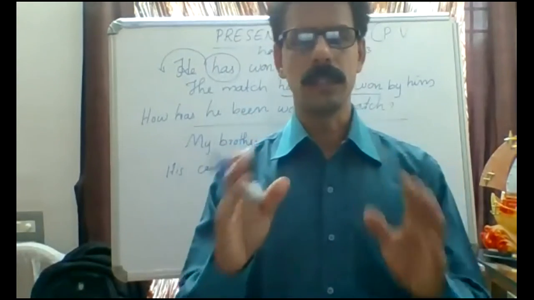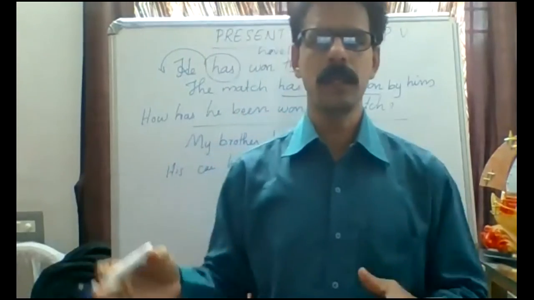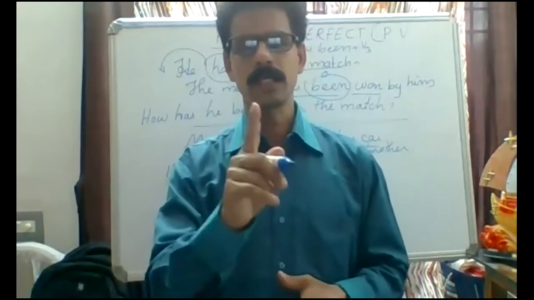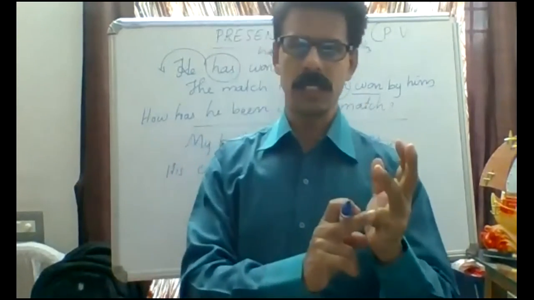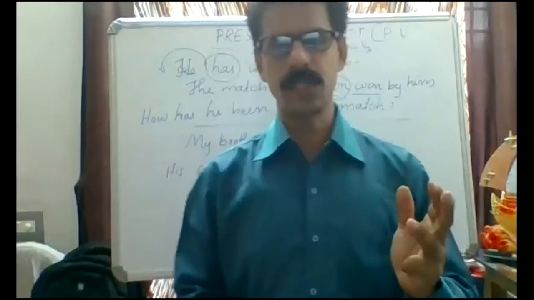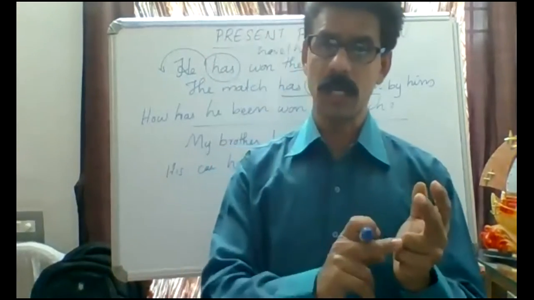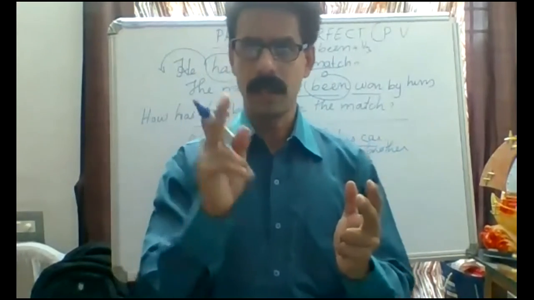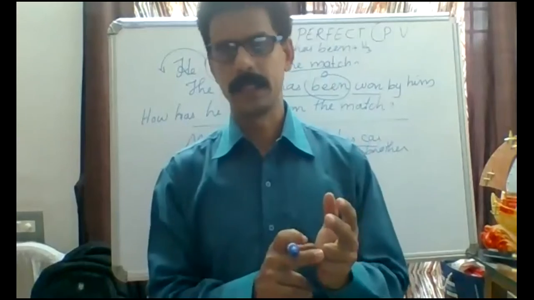So here you understood the rules of transforming an active present perfect sentence into passive in all the ways. That is, if it is negative, just add not as it is. And if it is a question, in passive also this should be a question. A yes or no question starts with have or has, according to the number of the subject, singular or plural.